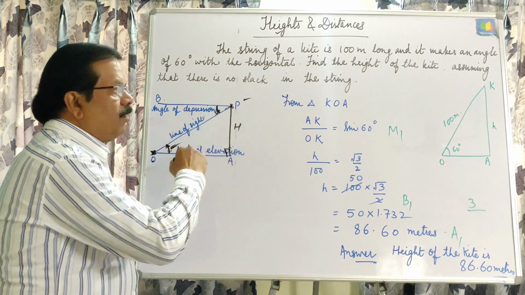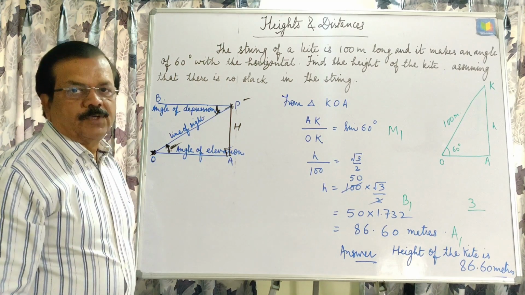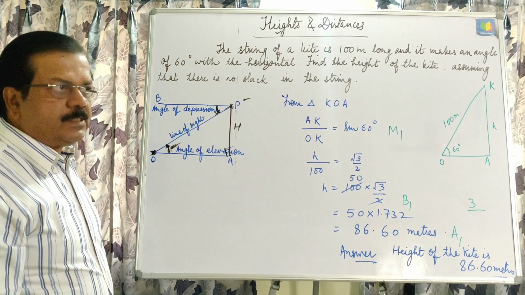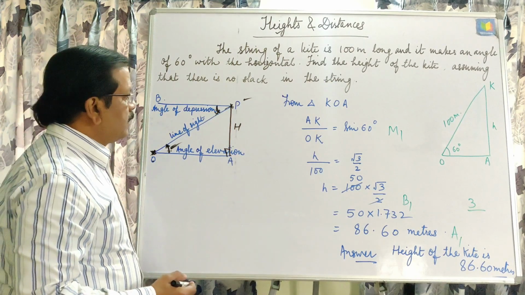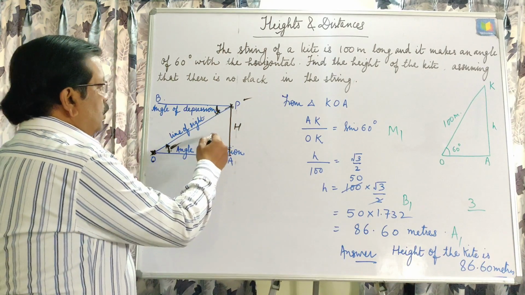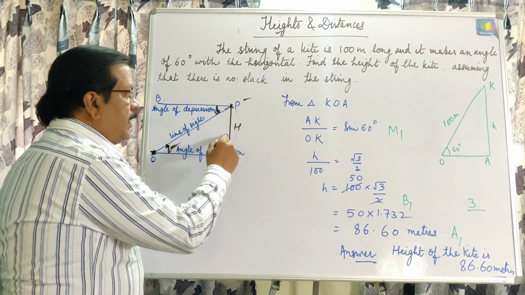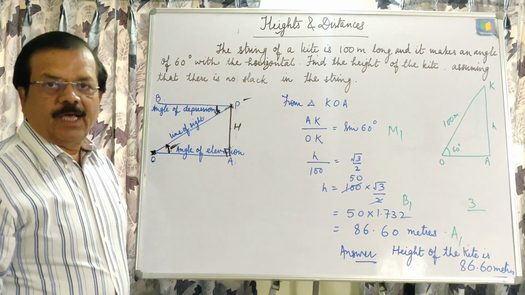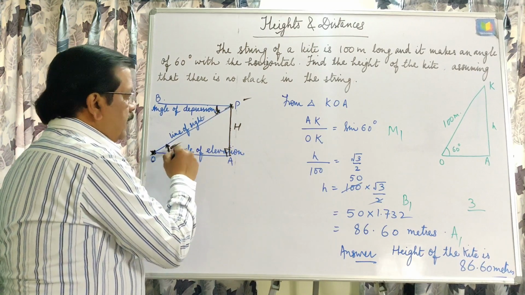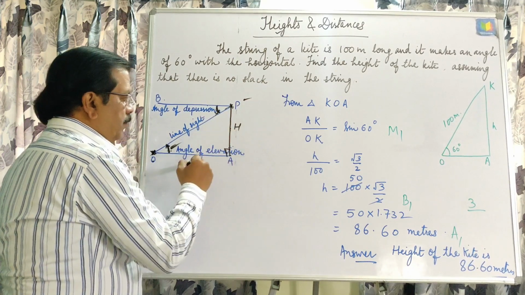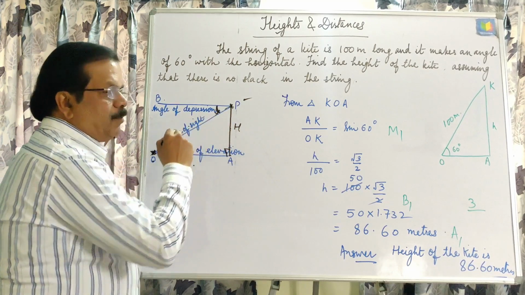In all the questions of heights and distances, and we will study all types of questions here, I think there are 8-9 types of questions in heights and distances in class 10, you will see that ultimately we are trying to find a right angle triangle, and then we use the formula accordingly, whether the tangent property, that is tan of any angle is equal to perpendicular upon base, or sine of any angle is equal to perpendicular upon hypotenuse.